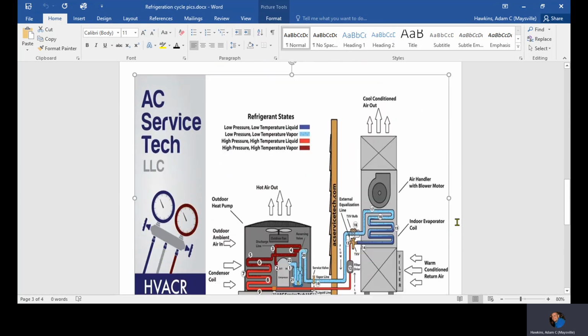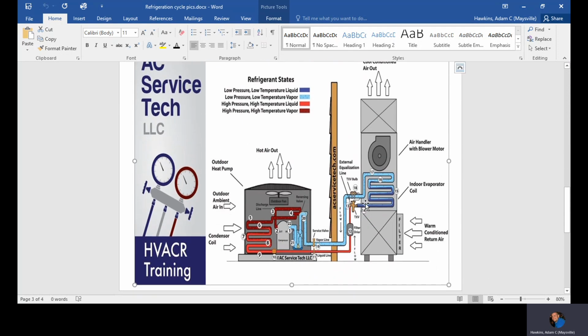So I'll go back to this picture here, and you can kind of see that your refrigerant is coming in. It's coming down here on the bottom by the TXV here. So on number 14, that's where I'm going to start. That's your evaporator. That refrigerant is coming in, and the state of that refrigerant leaving that metering device is a saturated vapor, which means it's sort of like a mist. I use the example, it's kind of like a spray bottle.